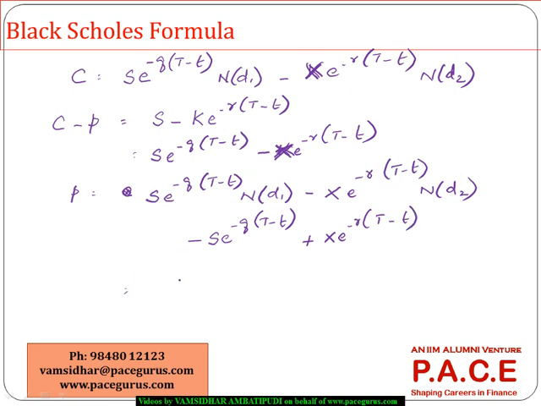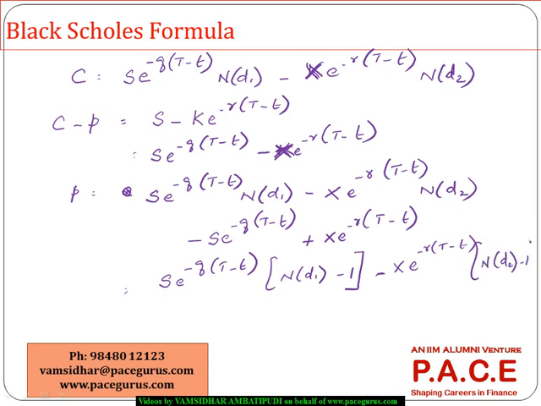So if I take the commonalities out, it comes out as S e power minus q(T minus t) times N(d1) minus 1, minus, if I take X e power minus r(T minus t), then it comes out as N(d2) minus 1.